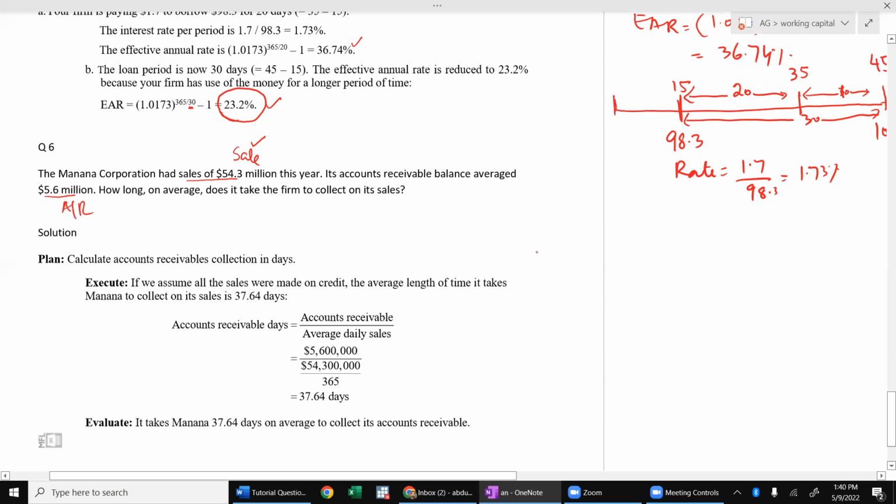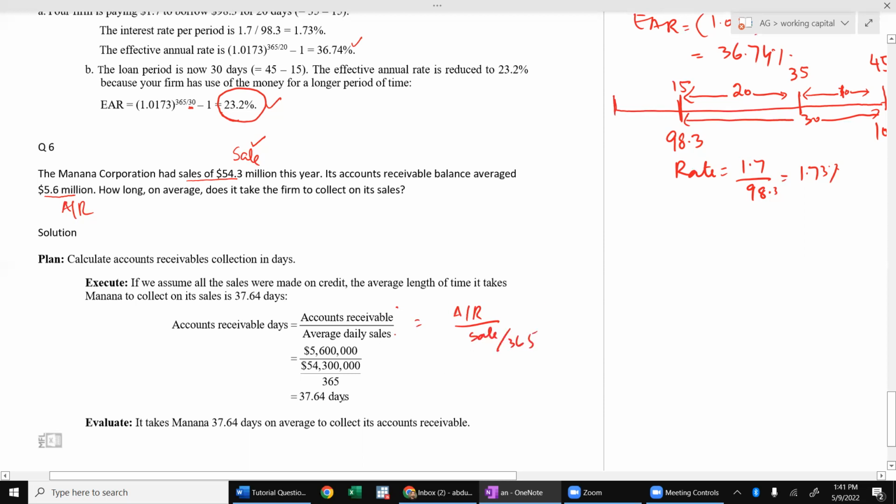So we need to calculate our receivable days outstanding. Account receivable days is the account receivable divided by daily sales, which means whatever the sales are, divided by 365.